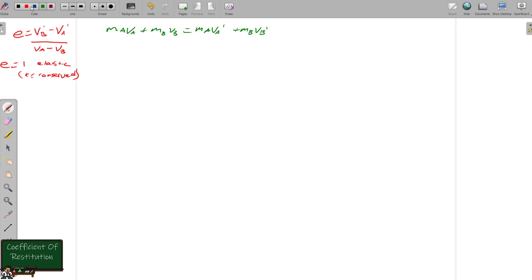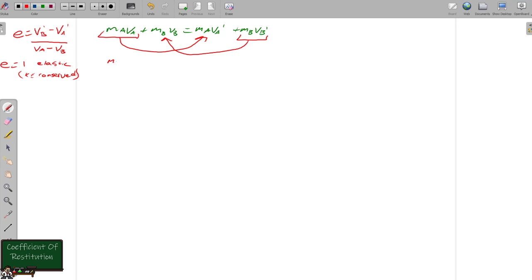So with this, what I want to do is get object B on the same side as object B and object A on the same side as object A. So I am going to take this and algebraically move it to the other side and do the same thing with the other A value and bring that over to the other side.